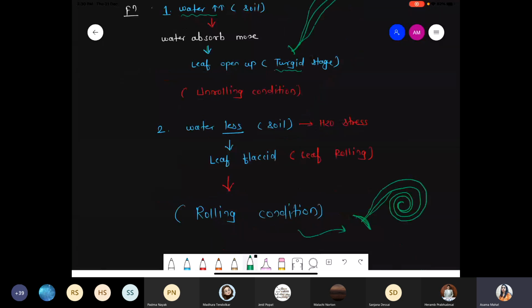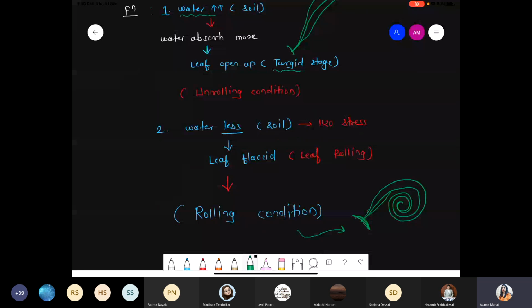Exactly reverse, when water gets less, unfavorable condition, stress condition. During the stress condition, that leaf undergoes flaccidity. Flaccid means what? Now they shrink, that freshness is lacking because less water is present. So what happens then? Ultimately, at the leaf tip where the bulliform cells are present, those bulliform cells sense the water concentration, and ultimately they decrease their surface area, they start rolling to avoid water loss.